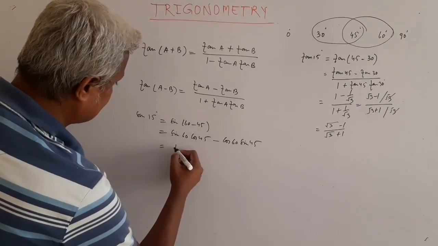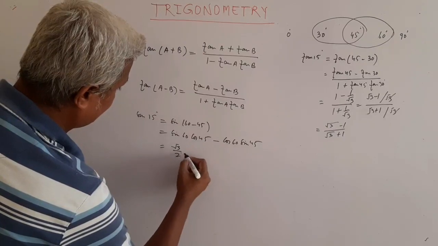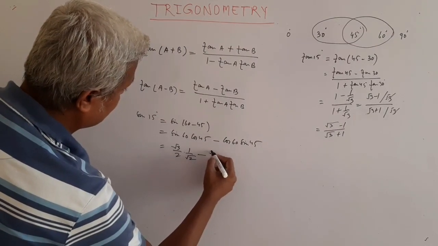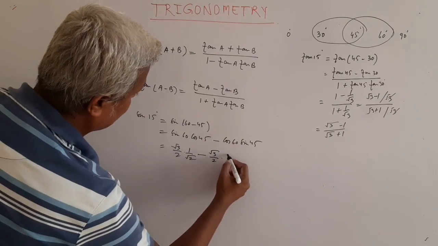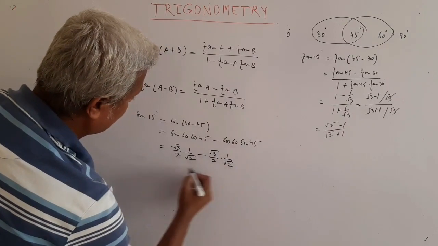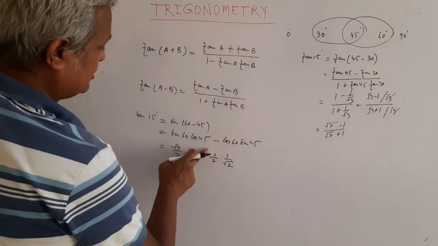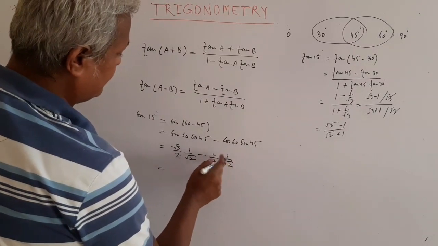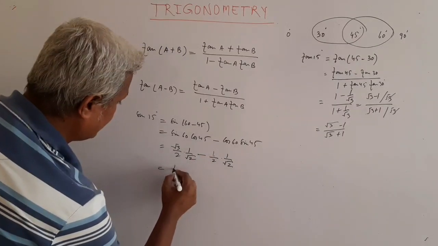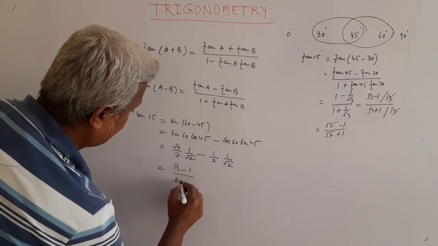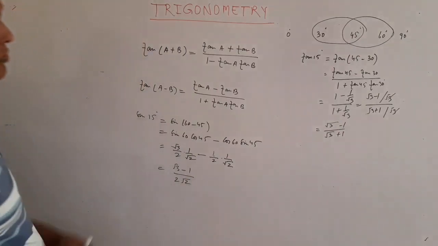Sine 60 is root 3 over 2, into 1 over root 2, minus, sorry, this is not root 3 by 2, this is just half, into 1 by root 2. So you get (root 3 - 1) over 2 root 2.